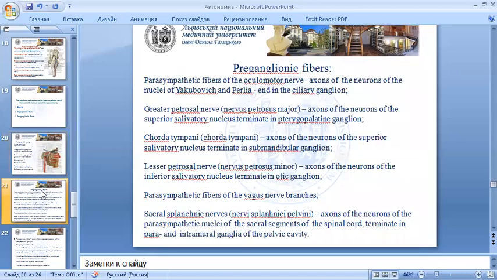Preganglionic fibers are also related to the peripheral compartment. The parasympathetic preganglionic fibers are joined to the nerves.